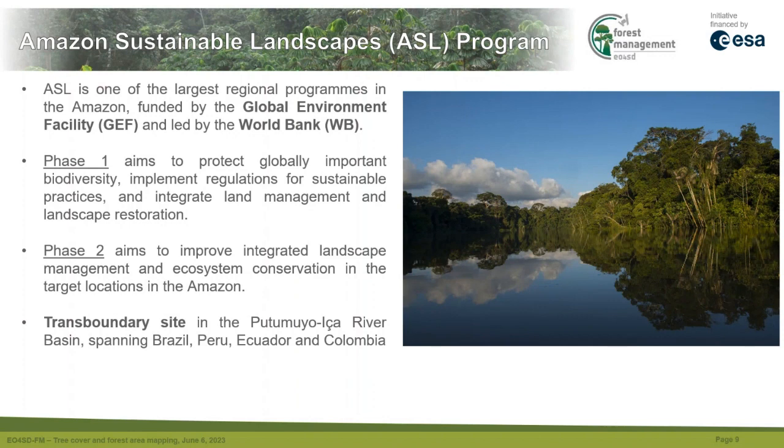This basin is one of the largest remaining intact forests in the world, so it's a very important landscape. The project aims to establish measures and initiatives that safeguard biodiversity, enable integrated management of land resources, and conserve ecosystems in a very specific target location within this Amazon region.